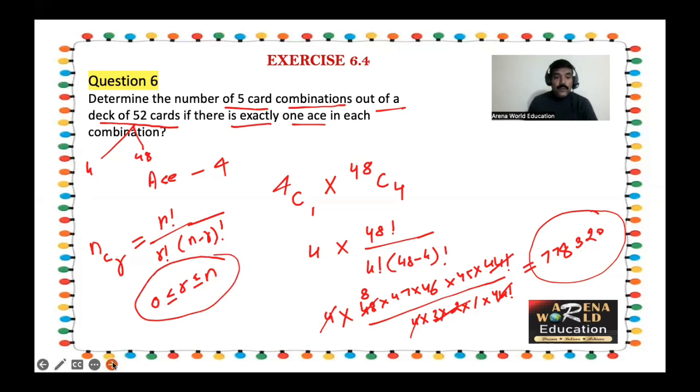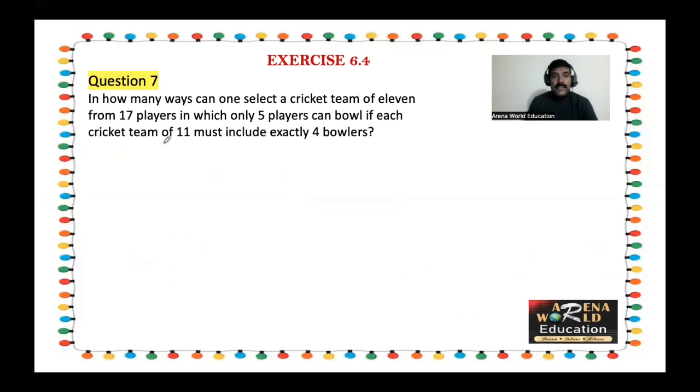So now moving to next question. Next question is, in how many ways can one select a cricket team of 11 from 17 players in which only 5 players can bowl if each cricket team of 11 must include exactly 4 bowlers, right? So 4 bowlers are there, right?